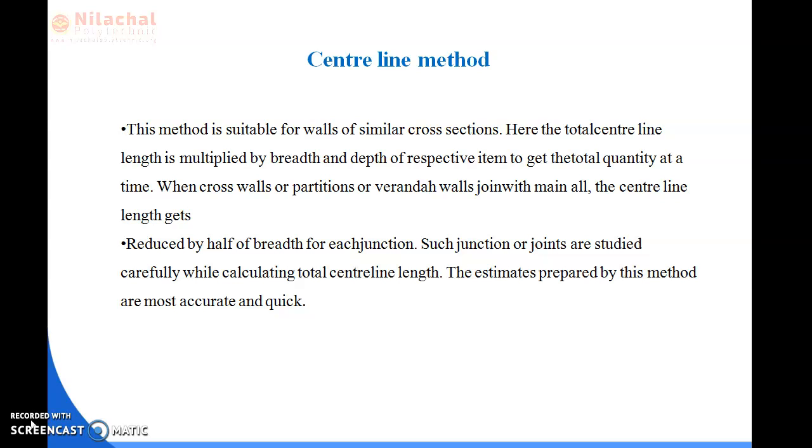When a cross wall or partition or veranda wall joins with the main wall, then the centerline length gets reduced by half of the breadth at each junction. Such junctions or joints are studied carefully while reducing the breadth at the junction. While calculating the total centerline length, the estimates prepared by this method are most accurate and quick.